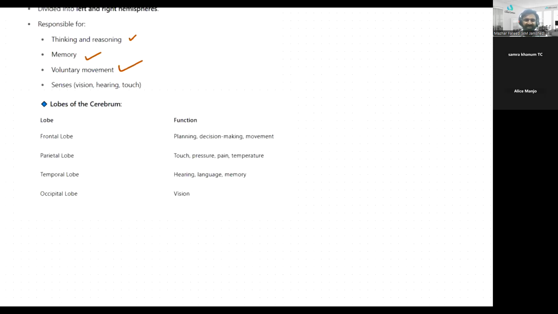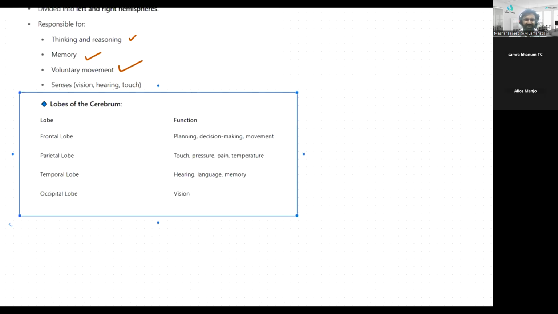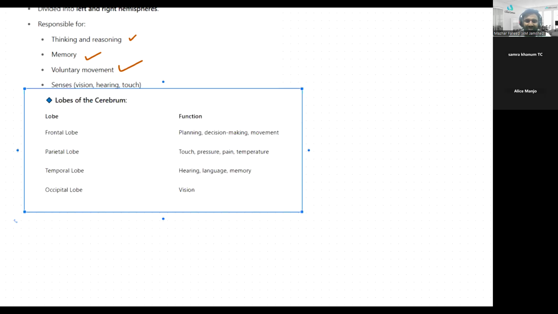The frontal lobe is involved in planning, decision making and movement of the body. It is present in the front portion of the forebrain and is the main portion of the cerebrum. The second lobe is the parietal lobe, which is involved in touch, pressure, pain and temperature.